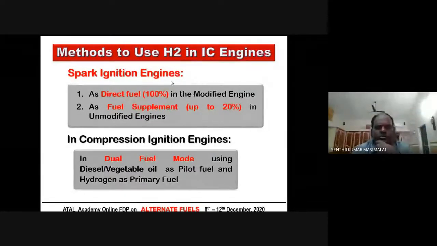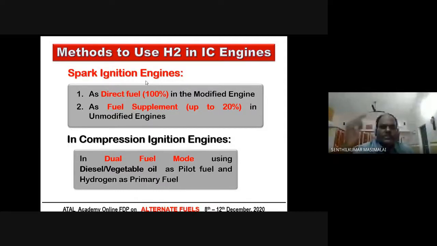As I told you, hydrogen can be directly used in spark ignition engine, because hydrogen has a high self-ignition temperature, a very high octane number, and can be easily mixed with air. Because of all these reasons, hydrogen is best suited for our spark ignition engine.